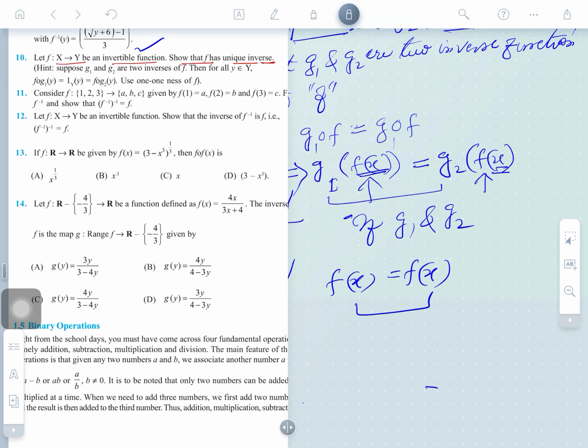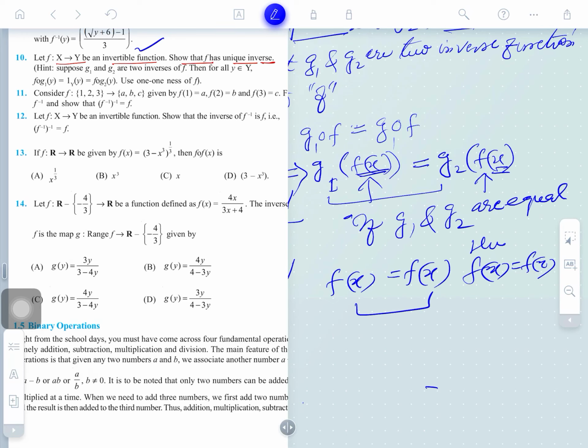So you can write here, if f1 and f2 are equal, then f of x are equal. Is that clear? So this is the uniqueness of the inverse. A function has only one inverse, right guys?